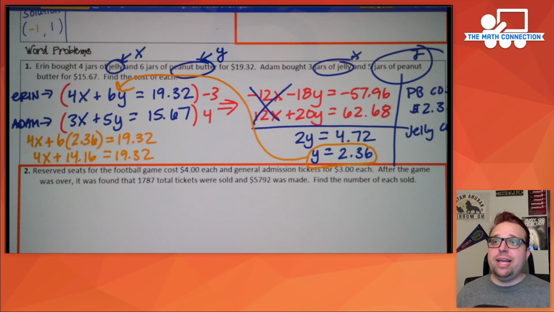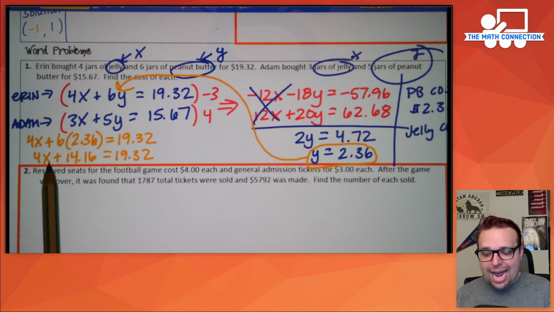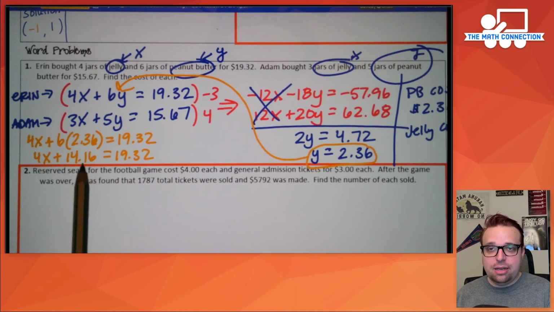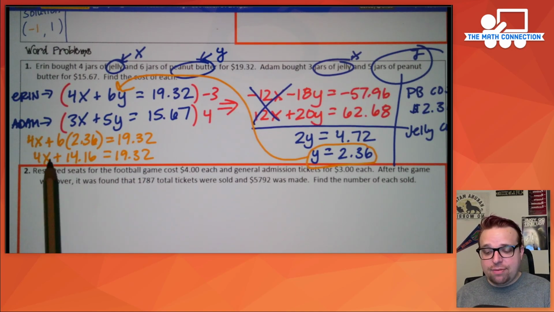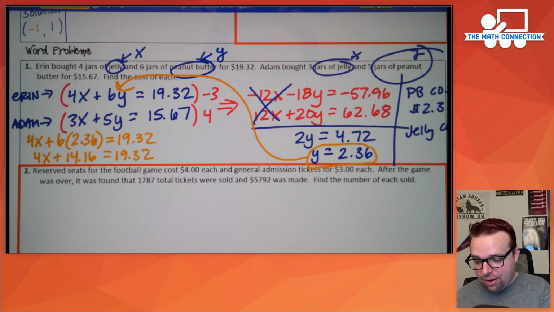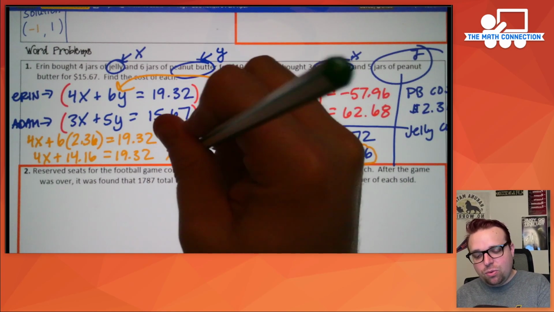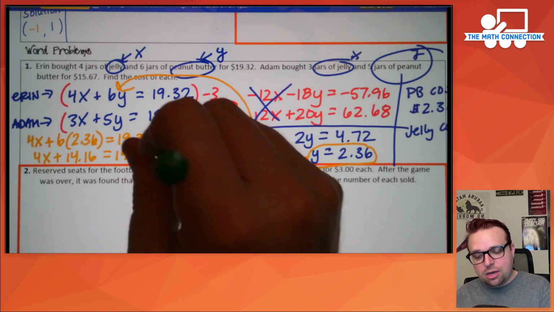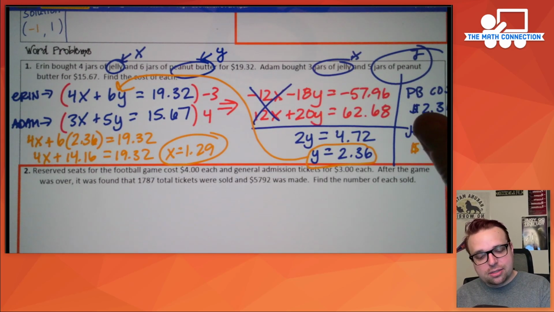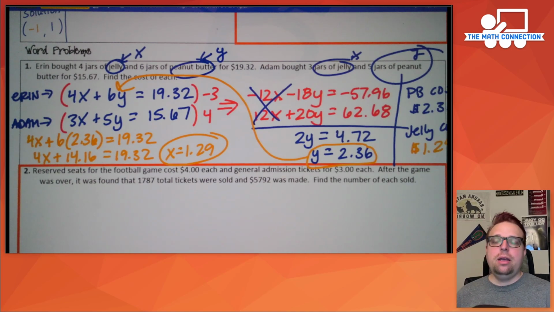I don't have enough space to write this whole thing. Sorry, you're gonna have to use your imagination. I have to subtract 14.16 from both sides, and then I have to divide that by 4, whatever that comes out to. So I'm gonna do all that on my calculator, divide that by 4, and I get x equals 1.29. So jelly costs $1.29. Okay.